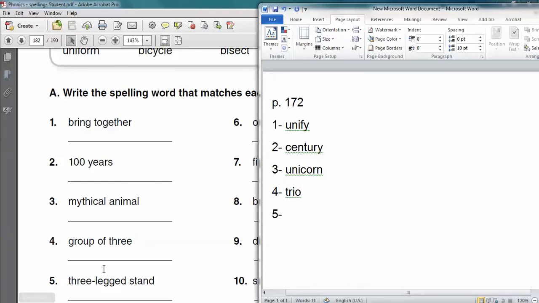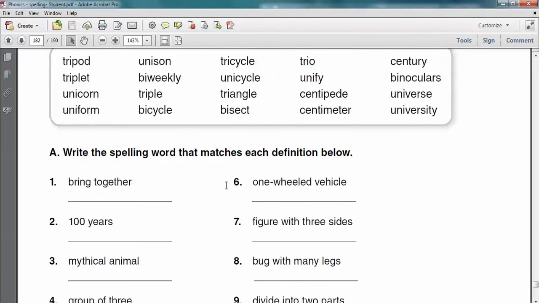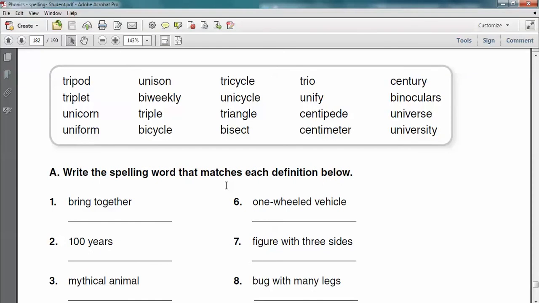Then we have number 5, three-legged stand or support. Okay, also for the camera or for the phone, things like this. We already said this one will be tripod.